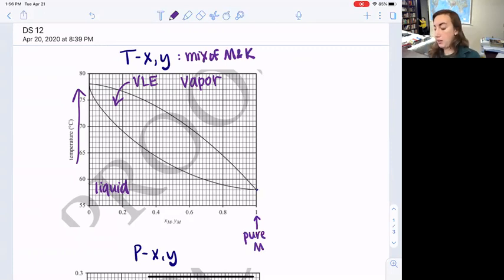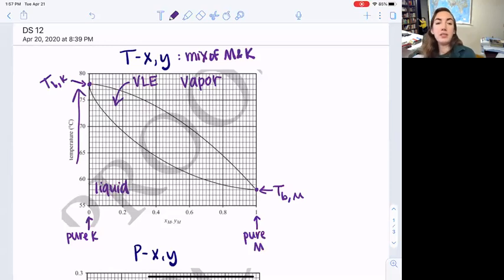We just have one point where we're going from liquid to vapor. So this temperature here is T boil of M. And then when we have a mole fraction of M of 0, that means over here we have pure K. So this point right here is T boil of K.